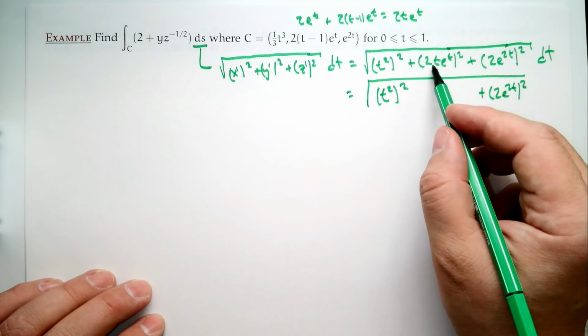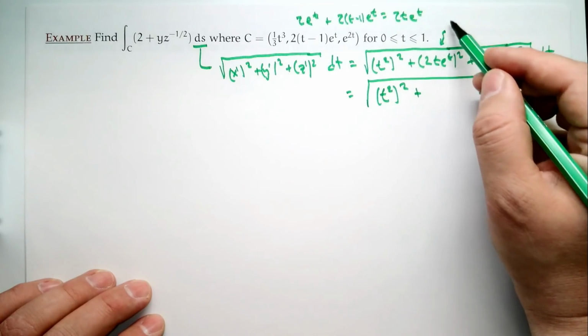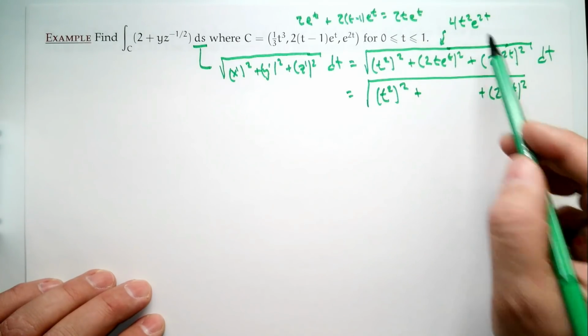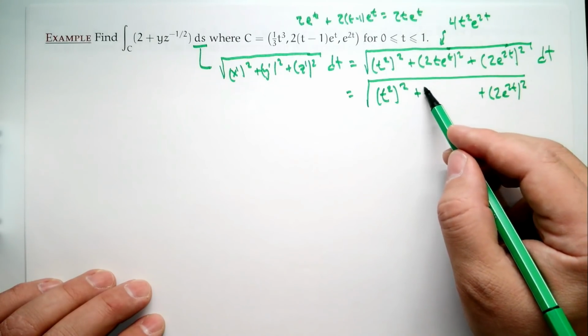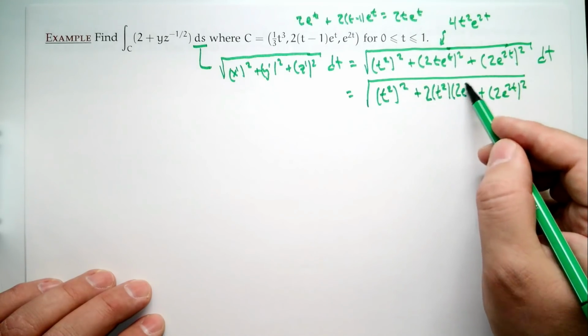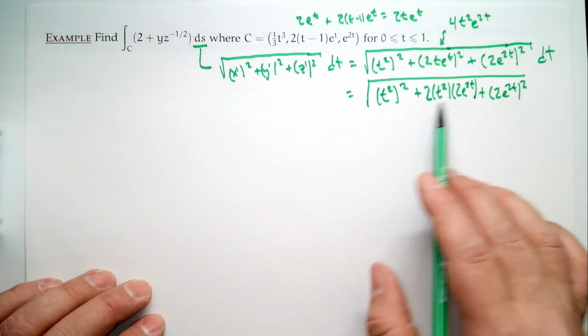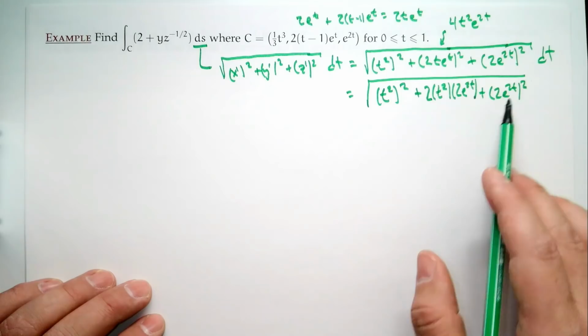And if you think about what you have in the middle, what do you have? Well, this is really 4t squared e to the 2t. And you'll notice, e to the 2t matches, and t squared matches. In fact, you can write it as 2 times t squared times 2e to the 2t. So you'll see the 4 got broken up, but that's because I wanted something that matched with the 2e to the 2t.